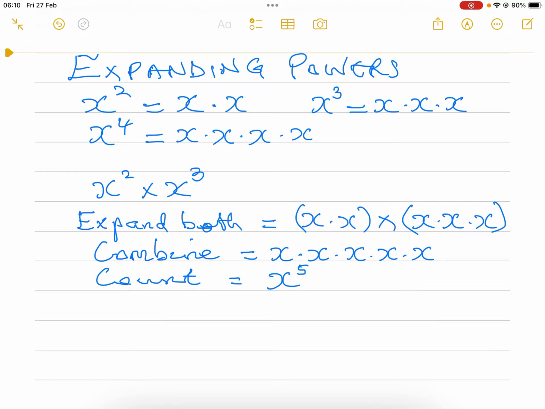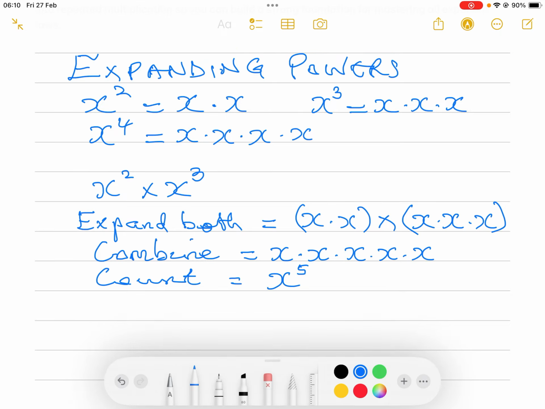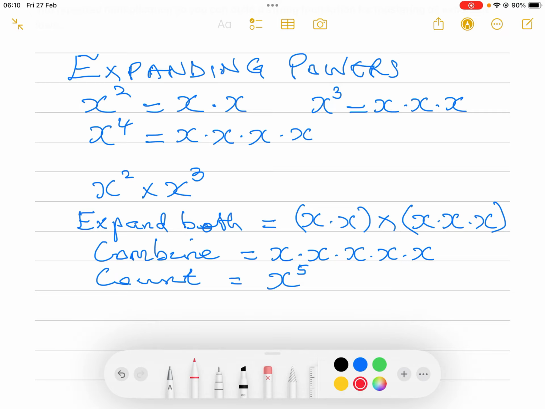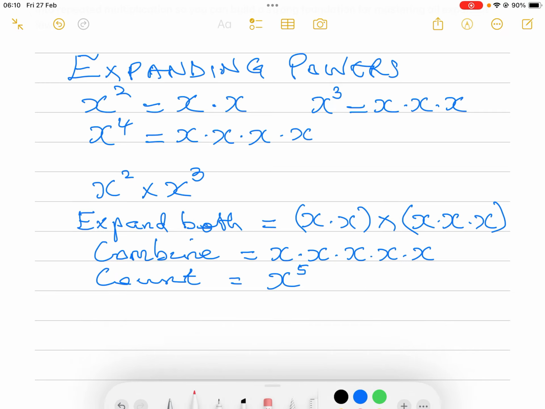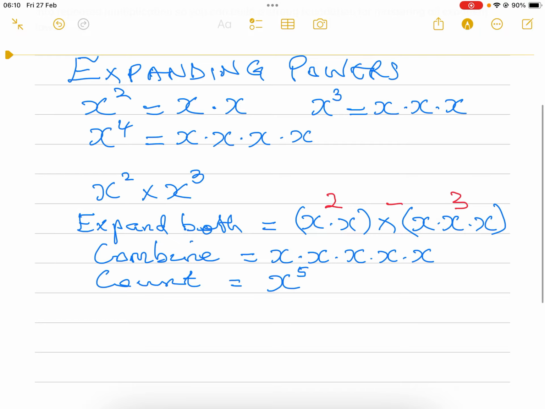Notice something interesting. 2 plus 3 equal to 5. Let that sink in.